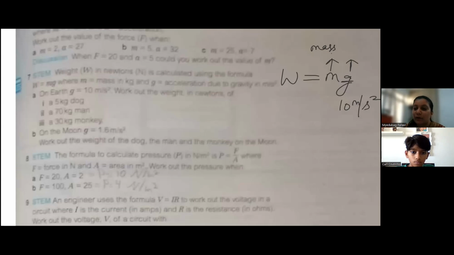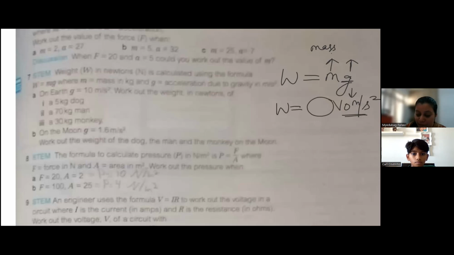Its value gets changed when we move to other celestial bodies or any other planet, or if we talk about the moon, because there is less gravity on the moon. So the value for g we have to take constant, that is 10, and we have to find different values for w for different values of m.